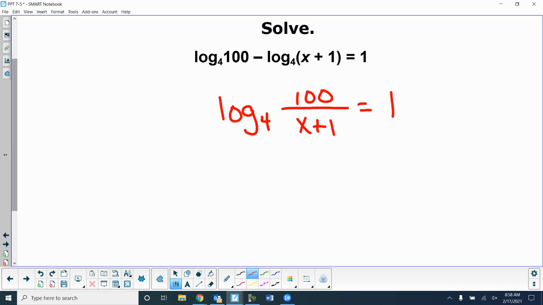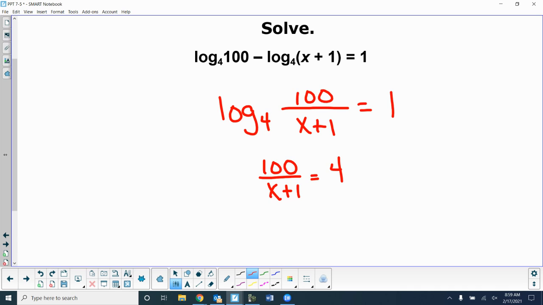All right. So you guys already told me 4 to the first is what? 4, right? Come on now, what do I gotta do to solve this? Grace, it's basic algebra 1 now. What do I gotta do to get that x plus 1?